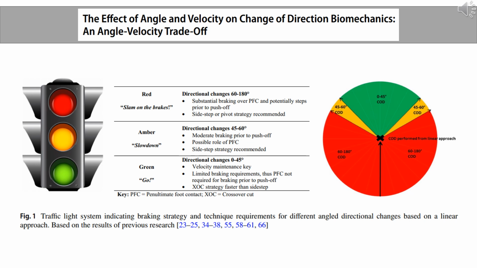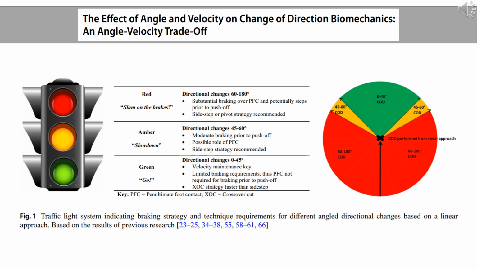So what I mean by that is when we've got relatively small angles being focused on during training, 0 to 45 degrees, as we saw from Tom's previous research, velocity is quite easy to maintain.